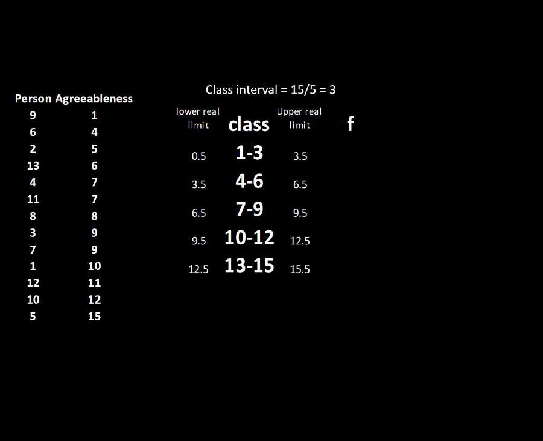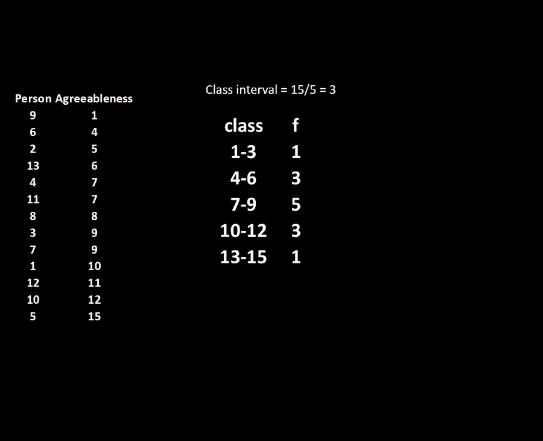Okay. From here, it's just a simple matter of counting the number in each class and putting that into the frequency column. Oh, and of course, when we do this as a table, we don't usually include those real limits that we used to build the classes. So when we create the table, we're just going to present the apparent limits.